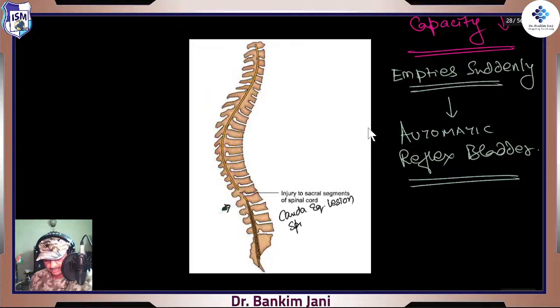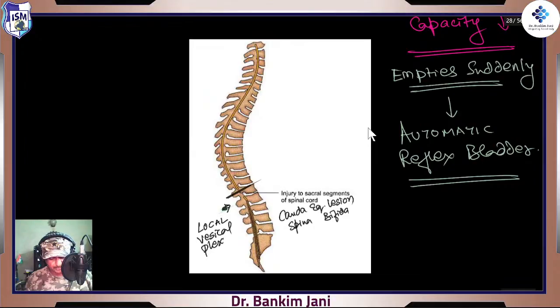In such cases, all those big bosses sitting on the top are now useless because the communication link is broken. So now we have got only the vesical plexus, those nerves that are there only at a local level. So only the local control is there, that is, the local vesical plexus.